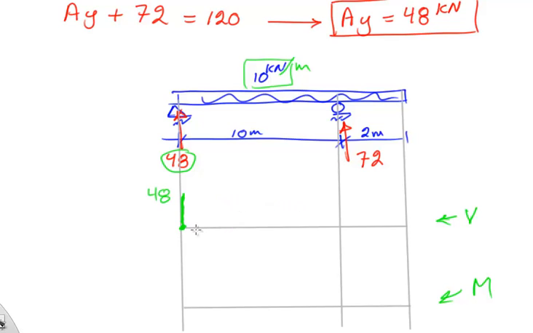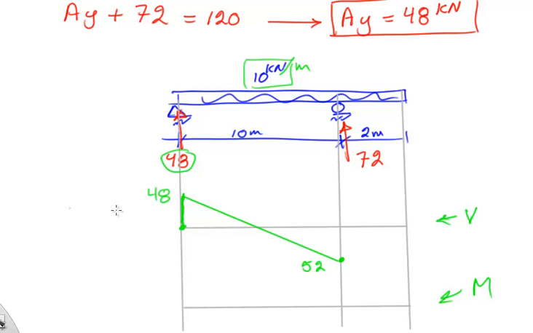So with a quick calculation, I can find the point here, which is basically 48 dropping 10 over 10, or basically saying that this point right here will have a value of 52.